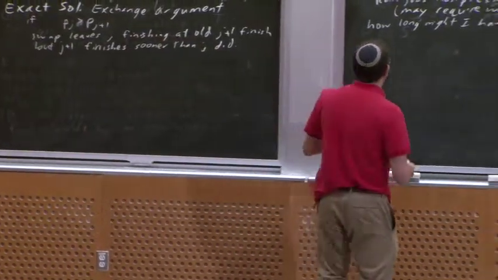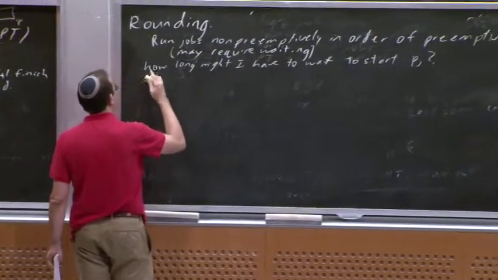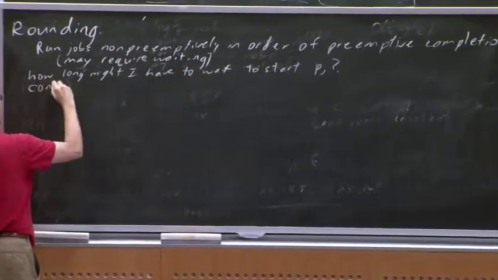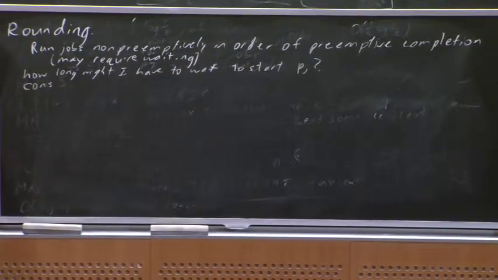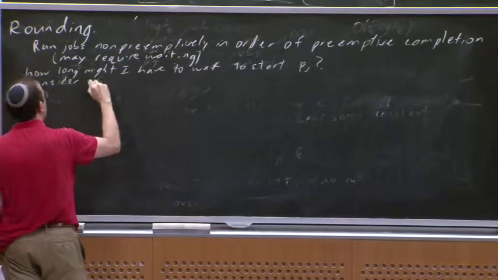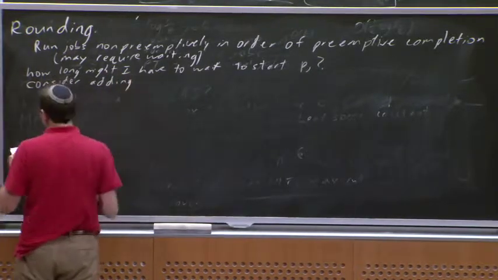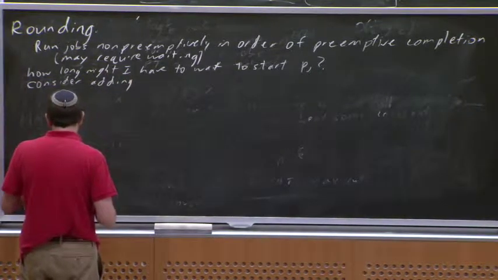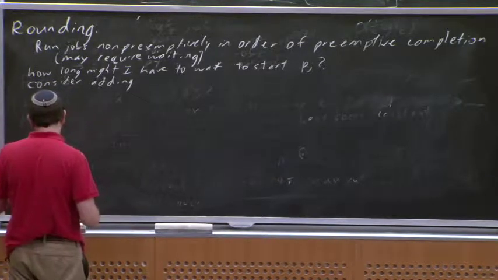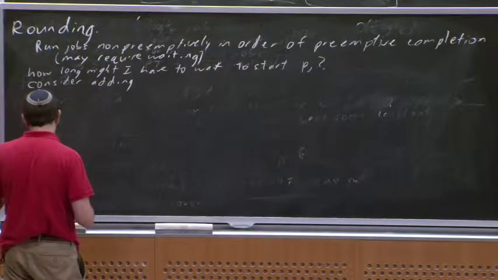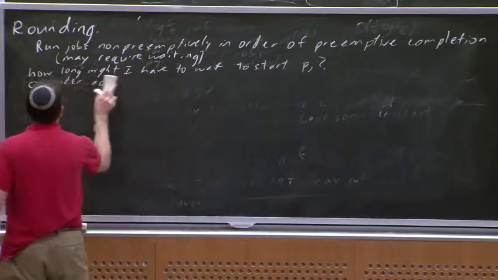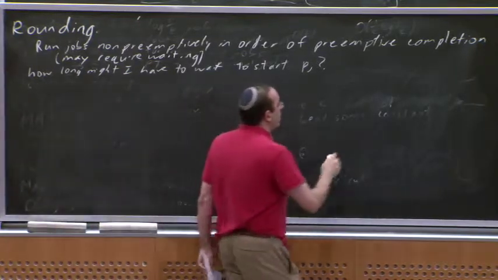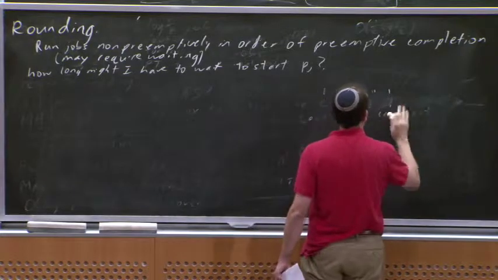Well, I can think about this by proactively adding sufficient waiting time for everything. So what I'm going to do is consider adding... sorry, how do I want to say this? Right. So if I start with the preemptive schedule, it has its little pieces.